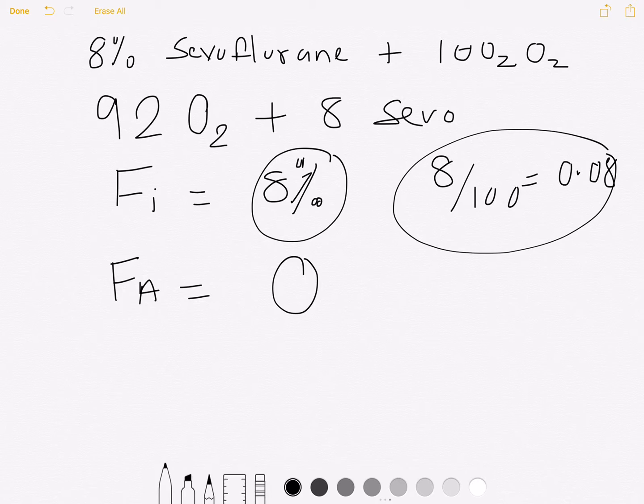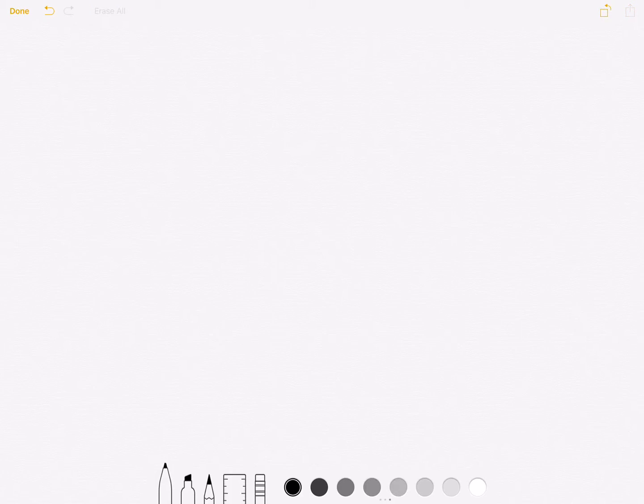So there's no sevoflurane in the patient's lungs. So at time t equal to 0, your Fi is 8%, or Fi is 0.08, sorry, if you're a mathematician. I'm saying it slightly wrong. And your Fa is 0.